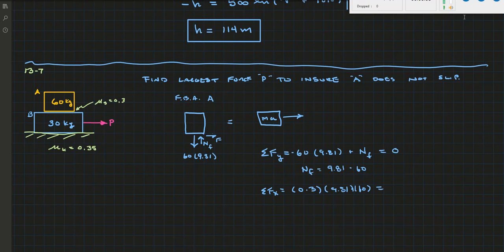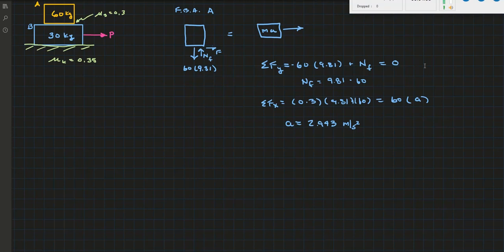And this will equal mass times acceleration, which is 60 times our acceleration. We can solve for that as 2.943 meters per second squared. So long as we don't exceed this value, we won't get slippage. That means the maximum value for our acceleration in the combined problem is going to be 2.943.